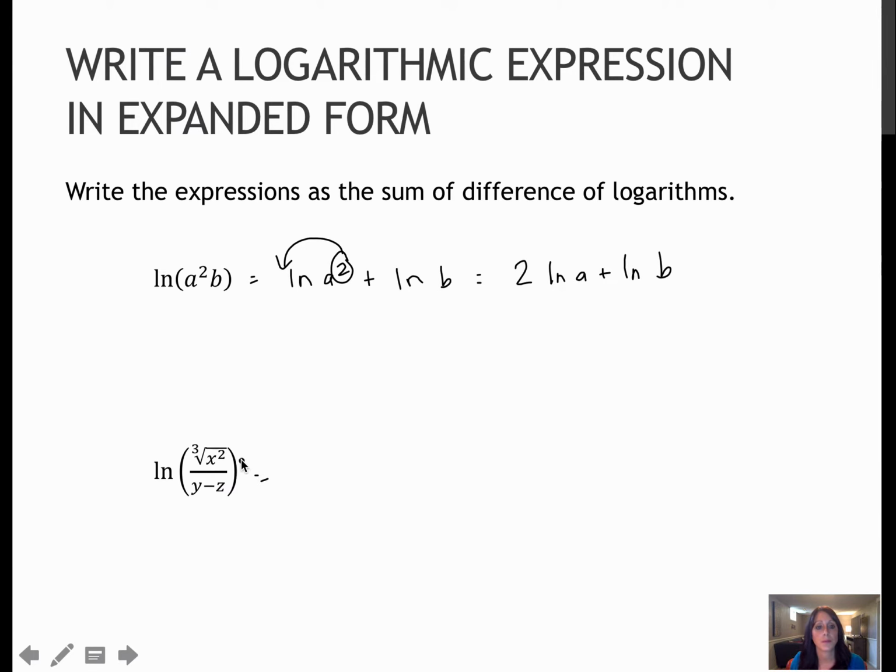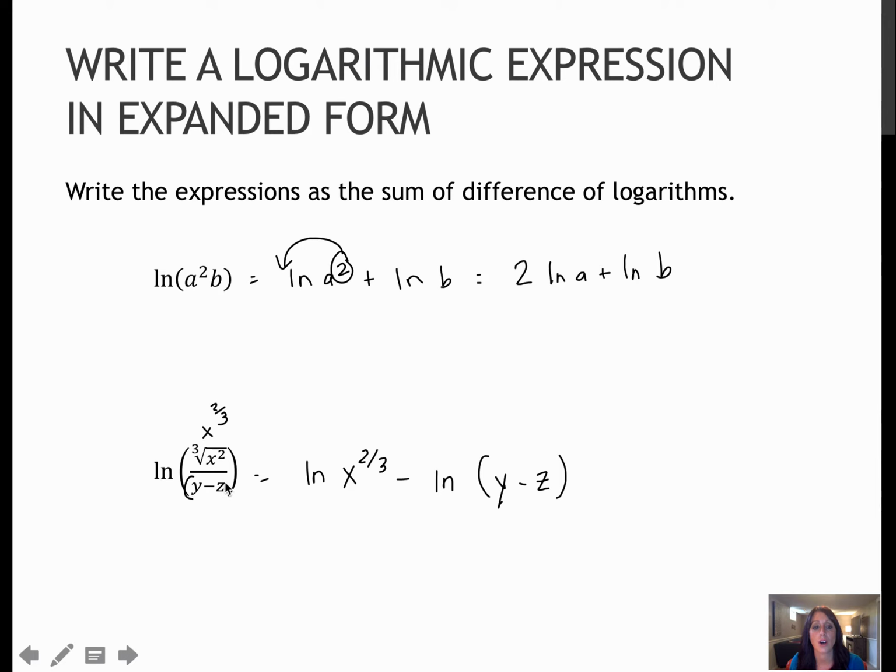Second one, again, I would think about the numerator as being x to the 2/3. So I would have the natural log of x to the 2/3 minus natural log of y minus z. Notice I'm keeping those together. That's different than what we've done before because before we had two terms down here, and so both terms that were being multiplied would be subtracted.